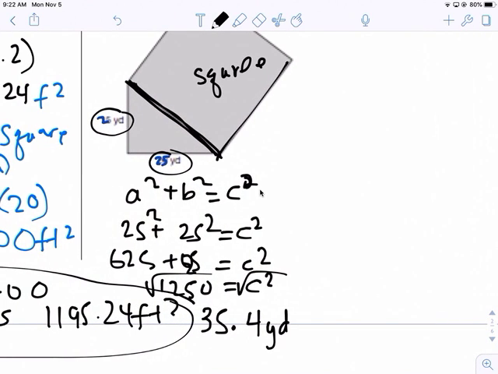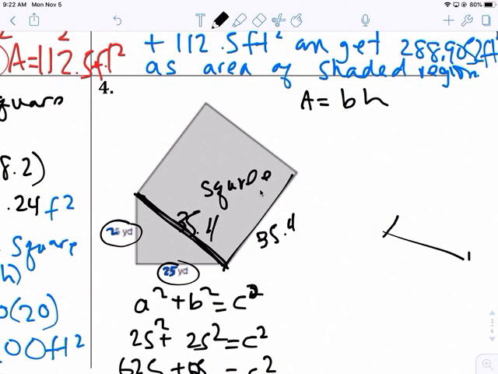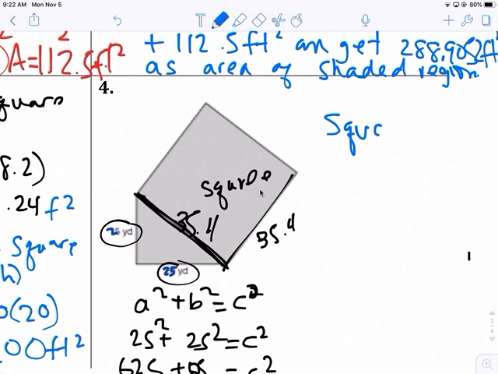Okay, so this is 35.4 all the way around. Okay, so let's do the area of the square. I need you to at least put the word square up here.